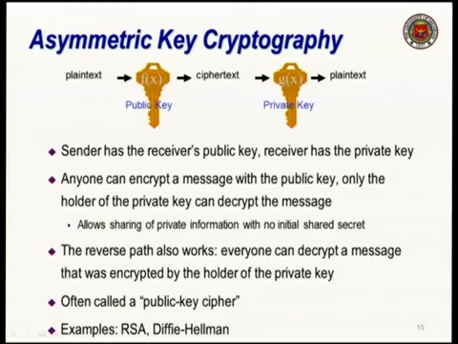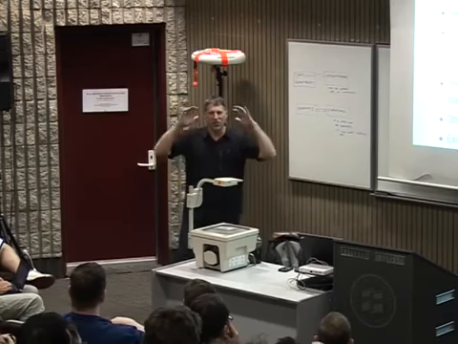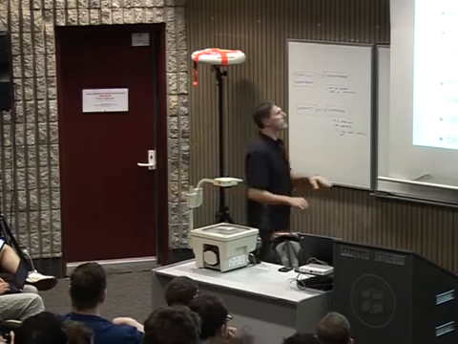The receiver, like your bank, for example, has a private key and a public key. The public key, they say to everybody, this is my public key, this is my public key. And the private key, they lock in a vault and put a mall cop next to it, so nobody can get access to that key. That system is secure, it's private. If anybody gets access to this key, the whole system breaks down.